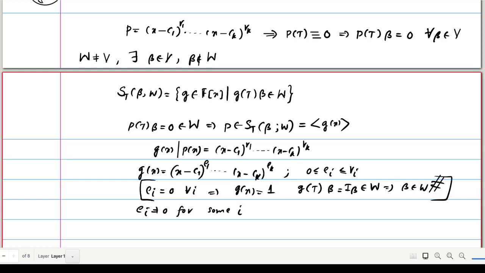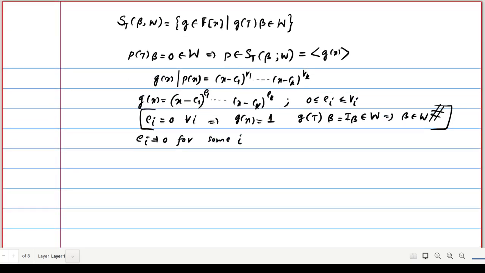Now we choose j such that ej is greater than 0. Then we can get a factor x minus cj.